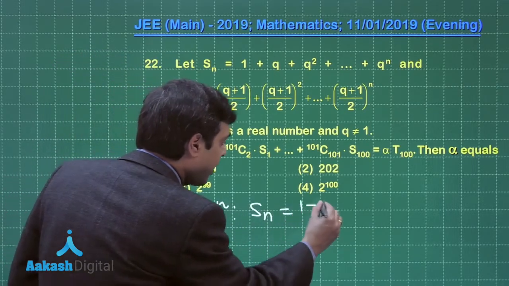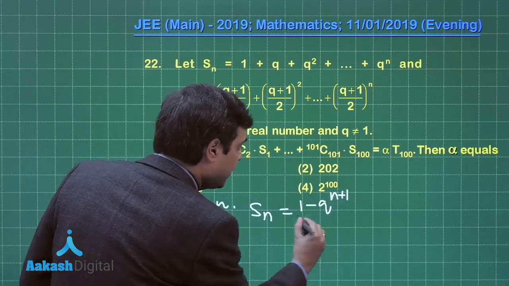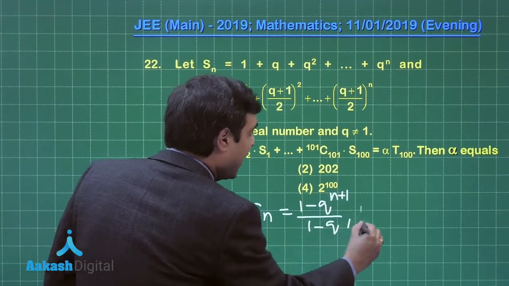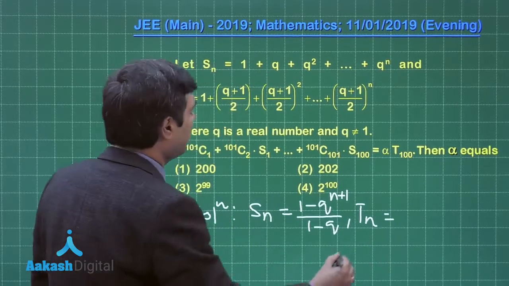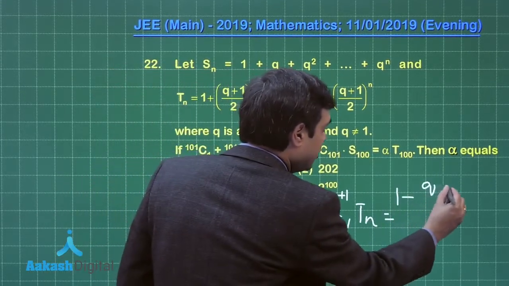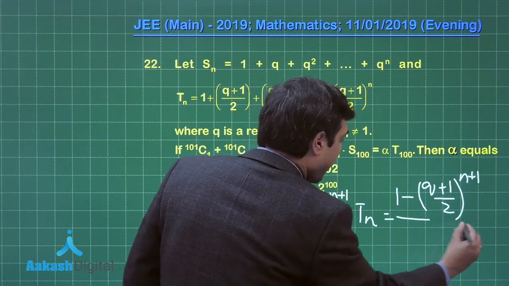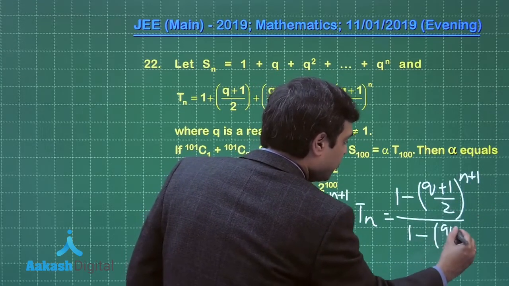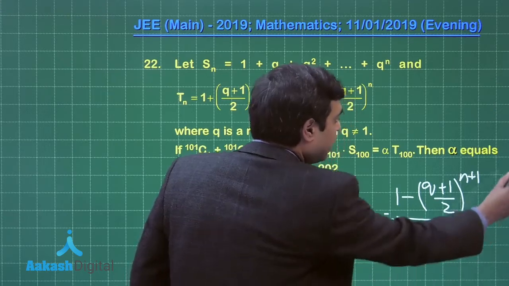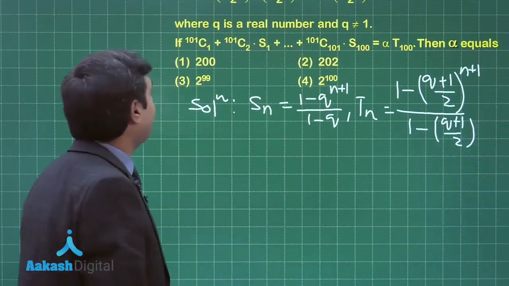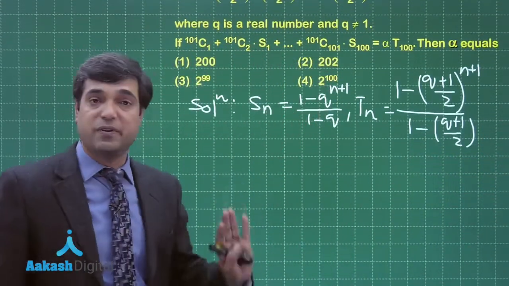Sn is (1 minus q to the power n plus 1) upon (1 minus q), and Tn is equal to (1 minus q plus 1 by 2) raised to the power n plus 1 by (1 minus q plus 1 by 2). Another series given to me is 101C1 plus 101C2 S1 and so on.